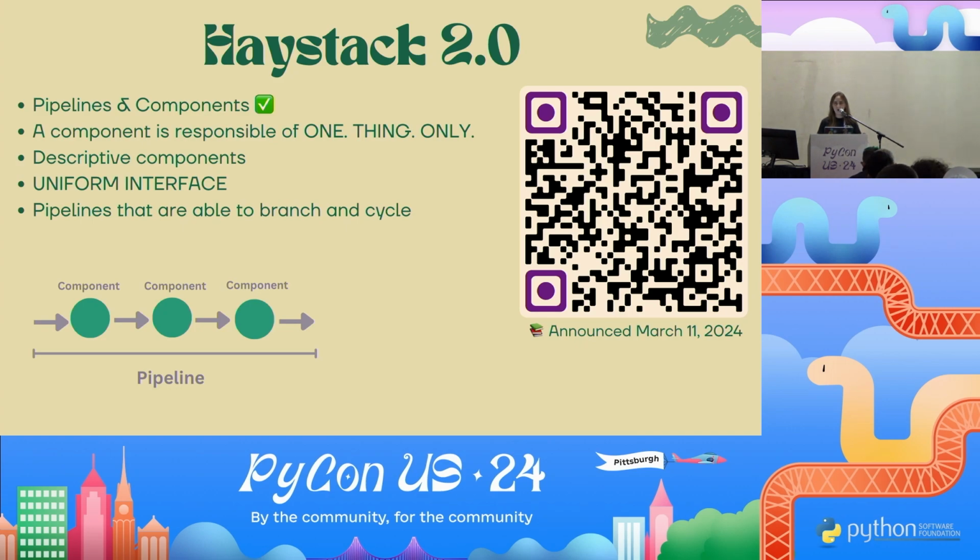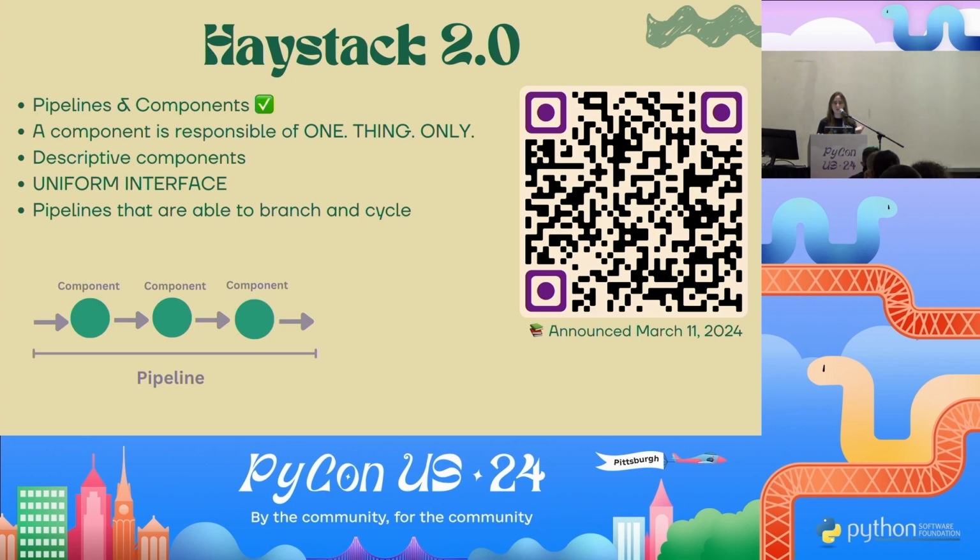So you saw how Massi showed you that there's a special general mixture of conjoined components where it's not sure exactly what the component is supposed to do, it's doing more than one thing. We really focused on having components that are responsible for just one thing only. We also made sure that the components themselves were very descriptive. A very good example is the prompt node that you saw.